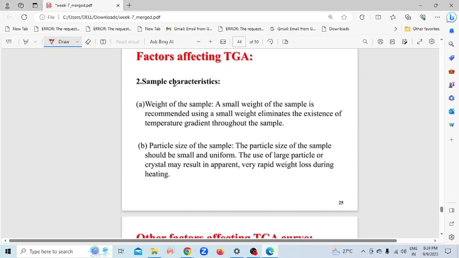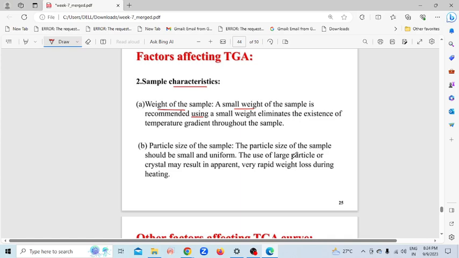Then sample characterization. The weight of the sample: a small weight of sample is recommended, but not very small. If it is very small, then you will not be able to identify. So it also depends on sample to sample.